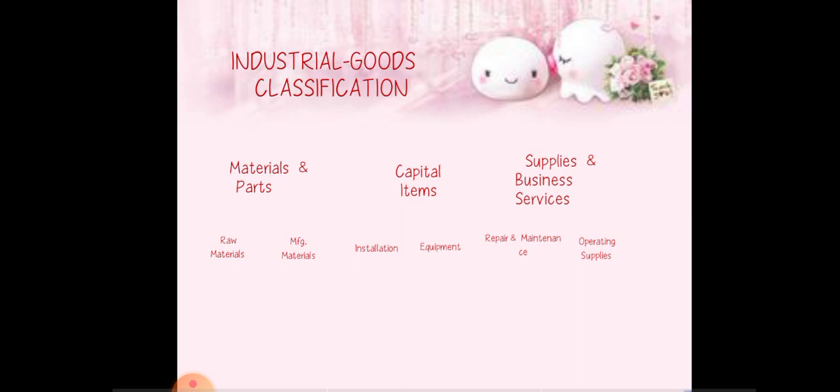Last one is the supplies and business services. Any short-term goods or material which is necessary for the day-to-day operations of a company or business is termed as supply. We call these operating supplies, the short-term goods or materials. An example is bond paper.